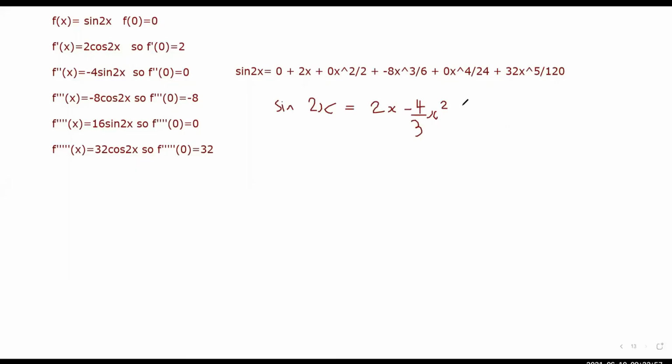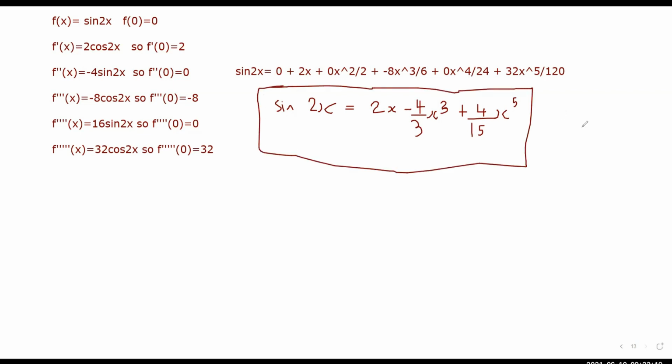So I can write this as plus 4 over 15 x to the 5th. And this was the cube right here. That's sine 2x. All right, nice. And these are the first 3 non-zero terms. Nice. That's your answer.